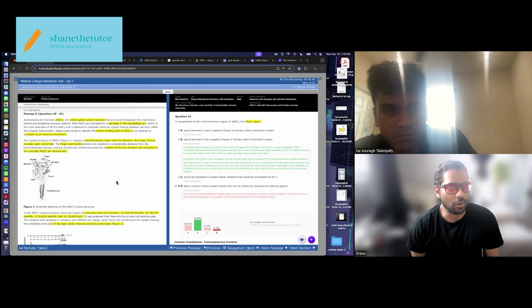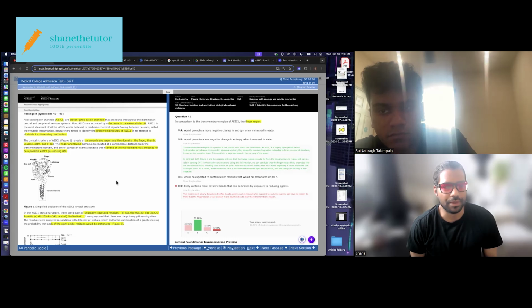The only covalent bonds in a protein are the peptide bond of the primary structure and then disulfide bonds. And it says covalent bonds that can be broken by exposure to reducing agents. So that's talking about disulfide bonds, right?